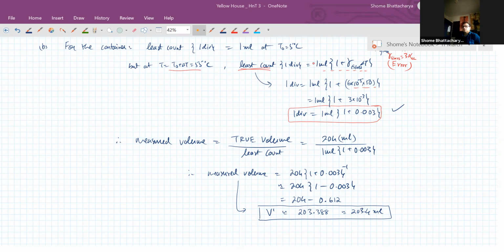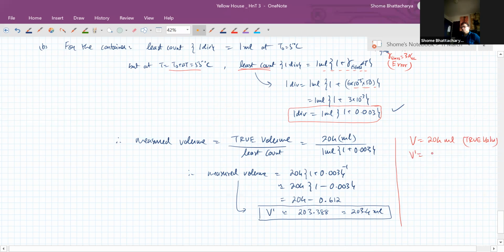Okay, so now you can see that the true volume was 204 milliliters, whereas the measured value... therefore percentage error.